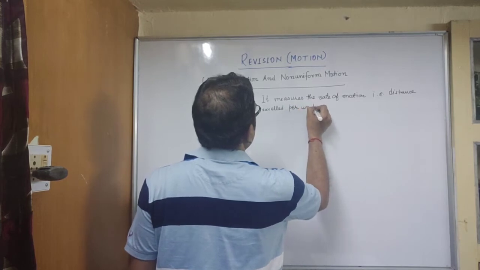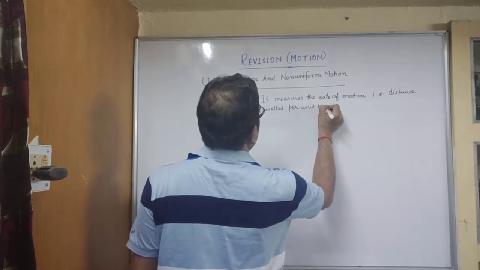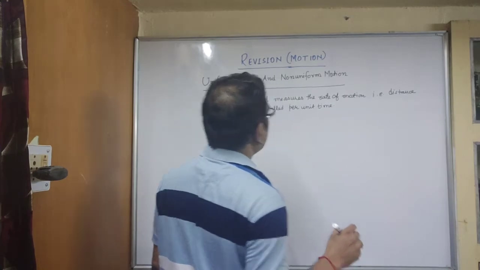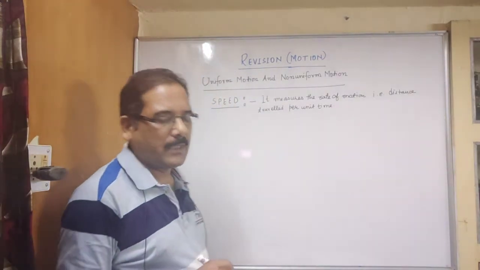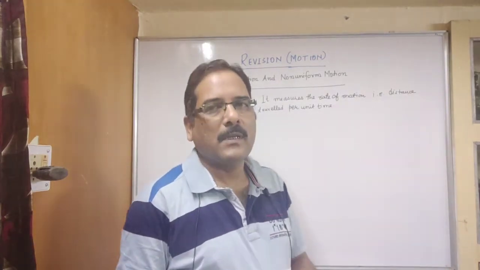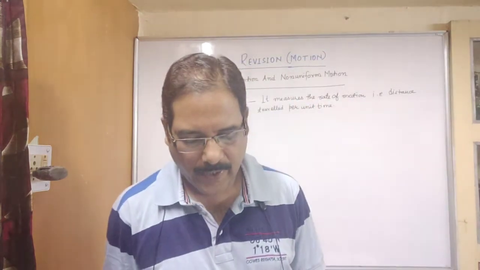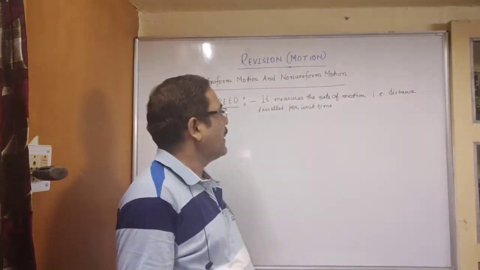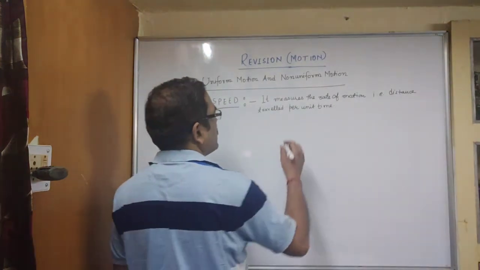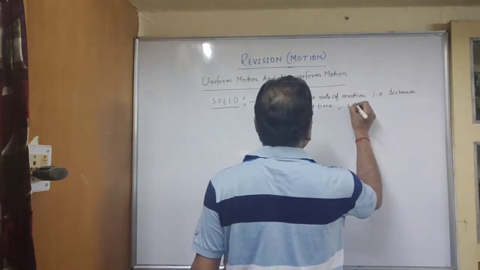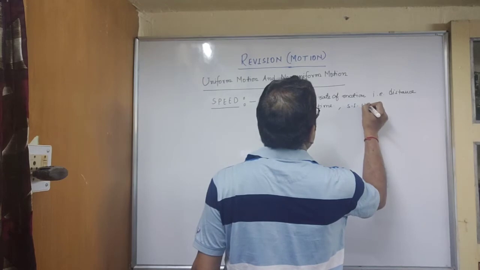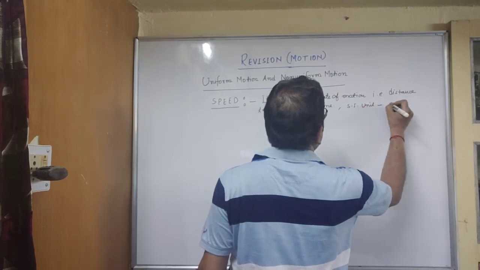That is distance traveled per unit time. How much distance an object covers in unit time, that is the speed of the object. And as you know, the SI unit is meter per second.